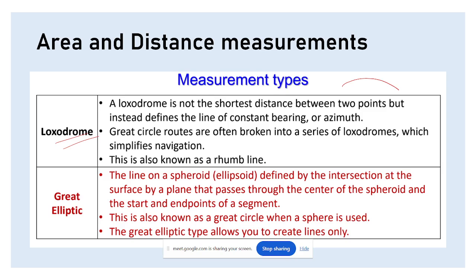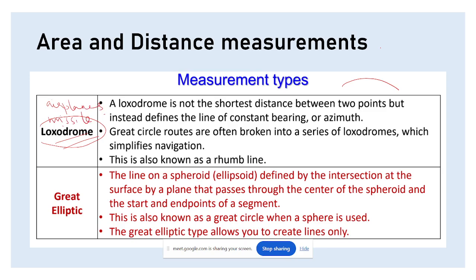Because if it is on the ground, then we don't need this method, as it's a little too complicated. But this is required in navigation, especially aerial navigation, like in the case of airplanes or missiles. We use this loxodrome method.